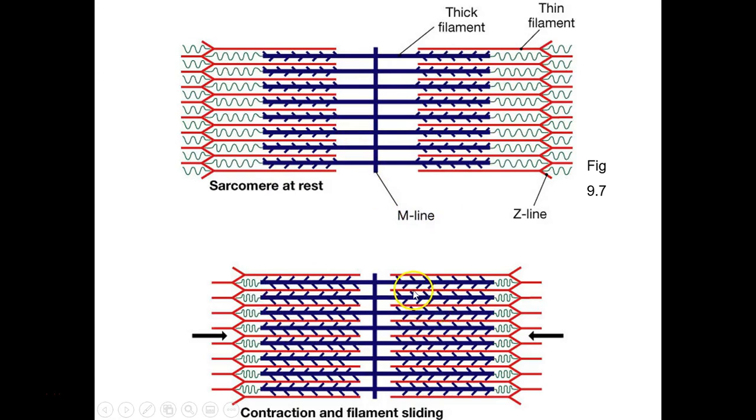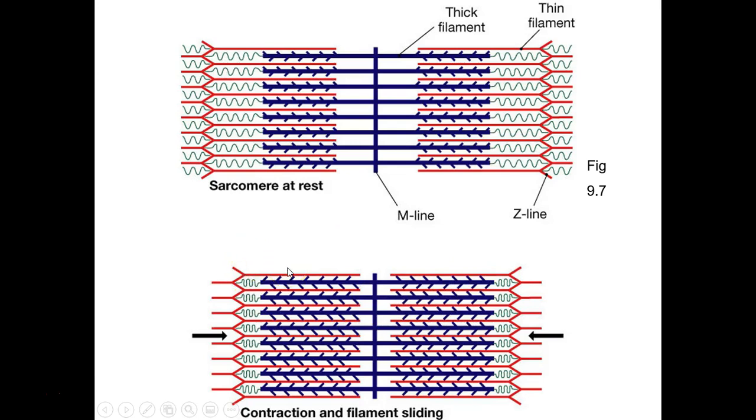Some are still attached so that it doesn't slide back out, while some of them pull, and then they all take turns, basically, okay? So when that clearing right there goes away, then your H zone gets tiny, or it goes away completely, and your sarcomere gets shorter.